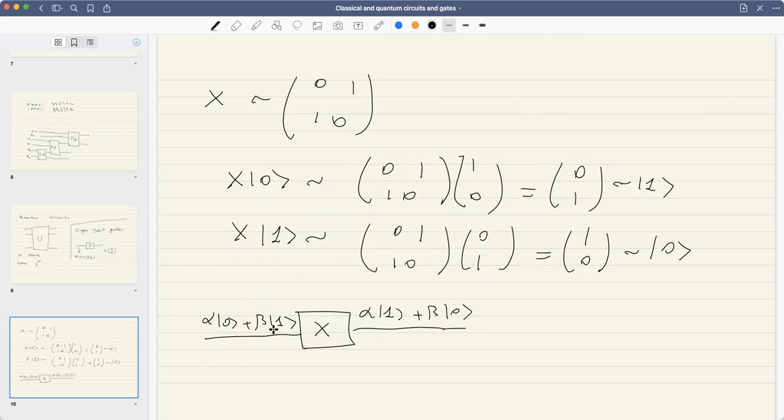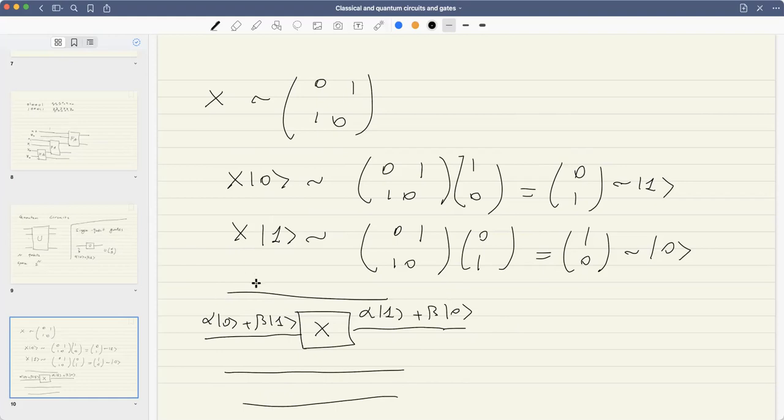Now, of course, the quantum computer doesn't have one qubit, so this is going to be part of a big, many-qubit state. Suppose there are other bits that go through, and suppose at this point some superposition of these is sent.